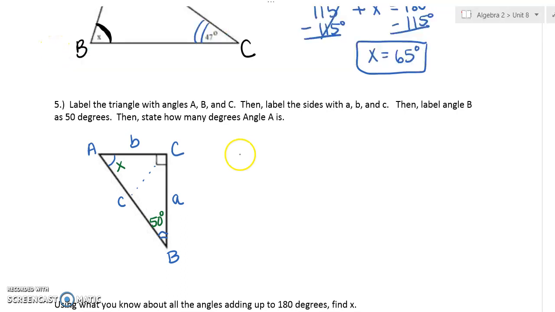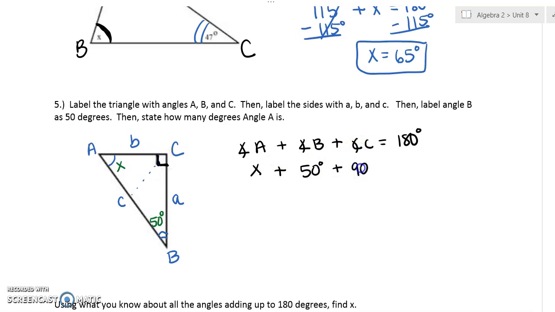All right, so once again, we know that angle A plus angle B plus angle C is supposed to add up to 180 degrees. And we don't know what angle A is. We know it's X, so I'm going to replace that. Plus, we know angle B is 50 degrees. And we also know that angle C is a right angle, which means 90 degrees.